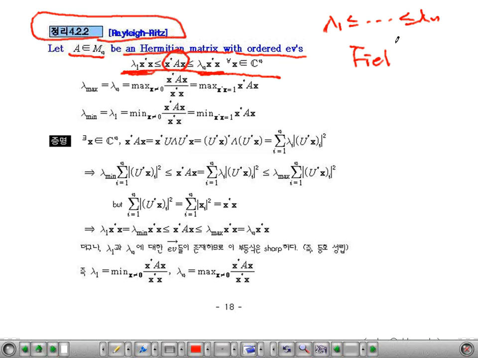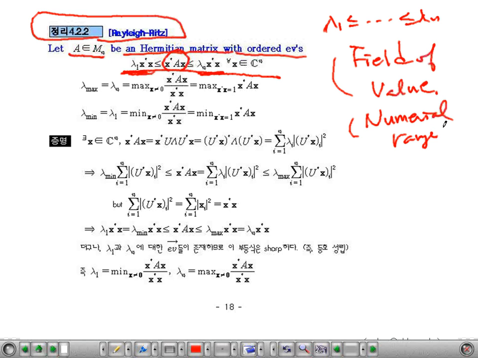This comes from the field of values, or the numerical range. This is the same as the set of x star Ax.